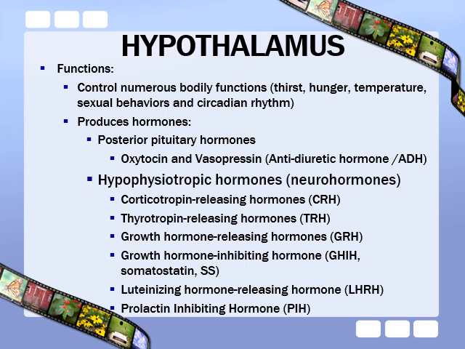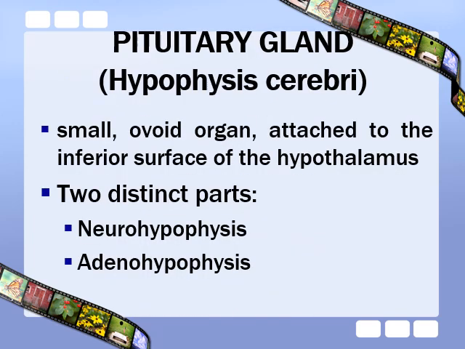While under hypophysiotropic hormones or neurohormones, we have corticotropin releasing hormone, thyrotropin releasing hormone, growth hormone releasing hormone, growth hormone inhibiting hormone, luteinizing hormone releasing hormone, and prolactin inhibiting hormone. Hypophysiotropic hormones can also be called anterior pituitary hormones.